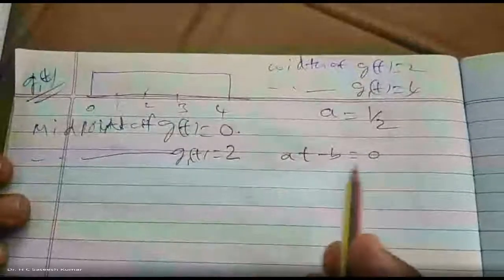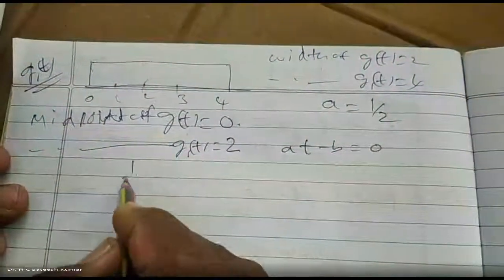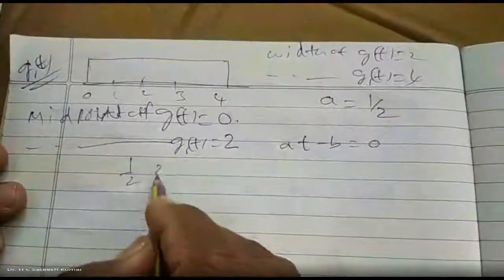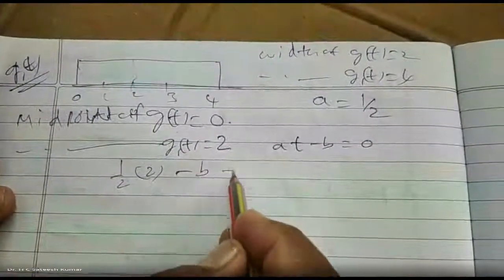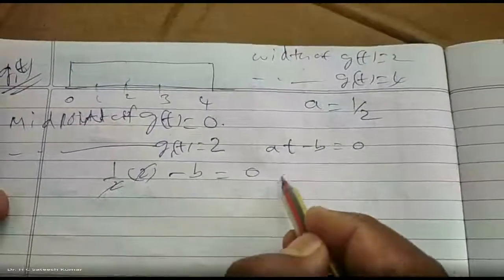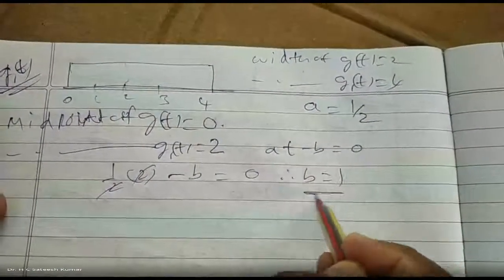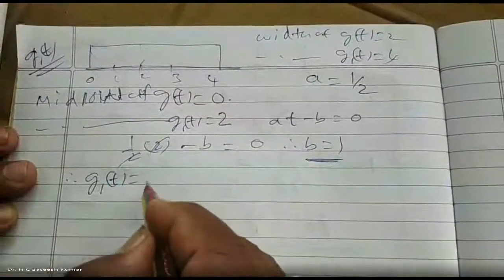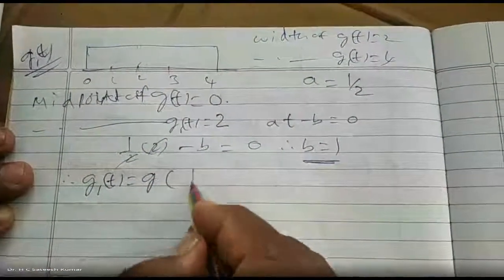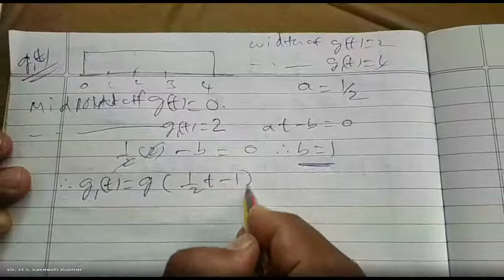A is 1 by 2, the midpoint is 2, and minus b is equal to 0. 2 gets cancelled. Therefore, b is equal to 1. Therefore, g1 of t is nothing but g of 1 by 2 t minus 1.